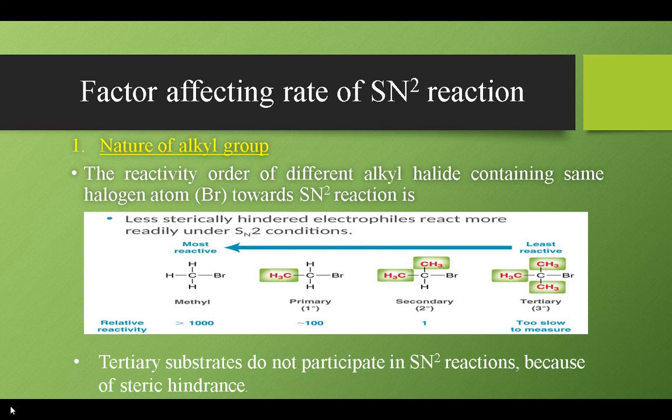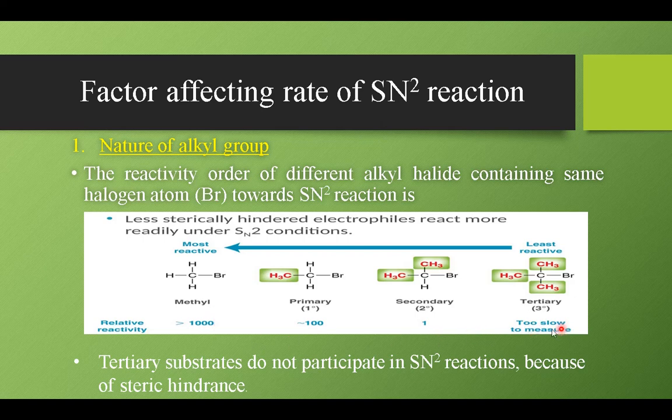Nature of alkyl group. In this diagram you can see the reactivity order of different alkyl halides containing the same halogen atom, which increases from tertiary alkyl halide to methyl halide, which is most reactive towards SN2 reaction. Methyl halide is more reactive than primary alkyl halide, which is more reactive than secondary alkyl halide, which is more reactive than tertiary alkyl halide.